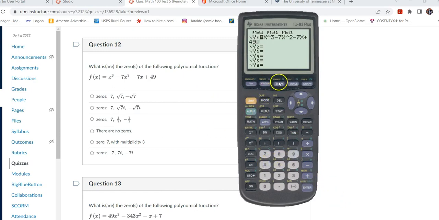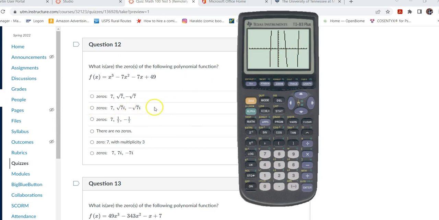And I'm going to start with a zoom 6. Now, x-intercepts give you real zeros. Okay, I've got 3 distinct x-intercepts. So there will be 3 zeros, and there'll be 3 real zeros.